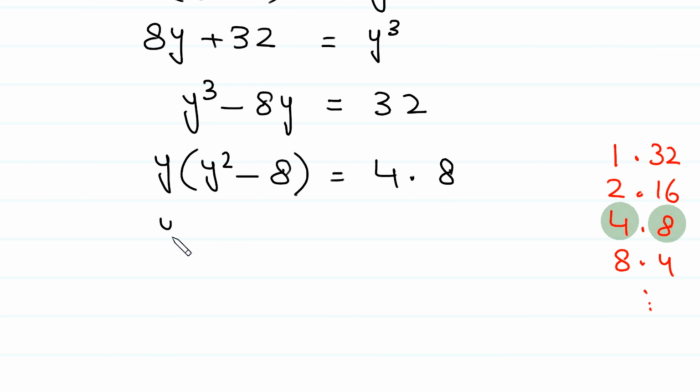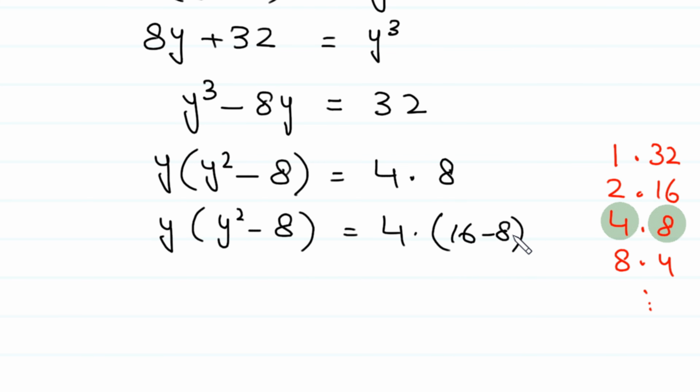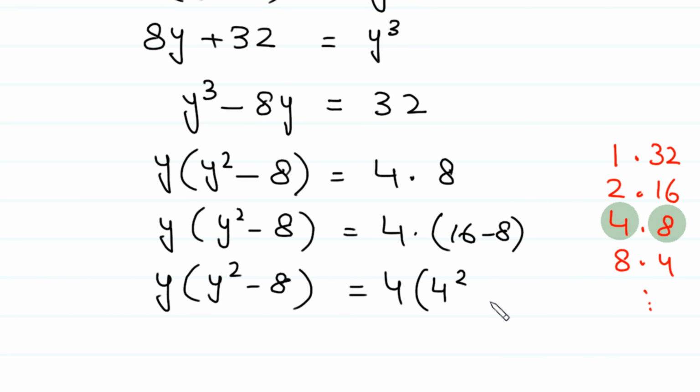Next, y times y square minus 8 is equal to 4 times, this 8 can be written as 16 minus 8. Next, y times y square minus 8 is equal to 4 times, this 16 can be written as 4 square minus 8.